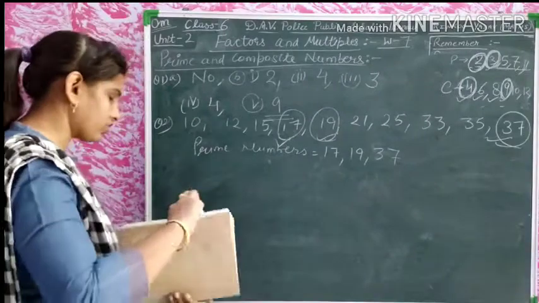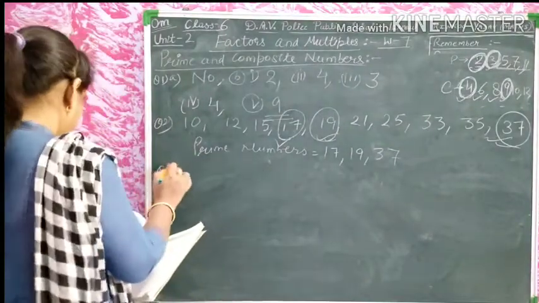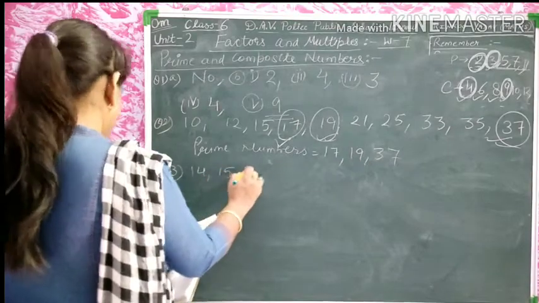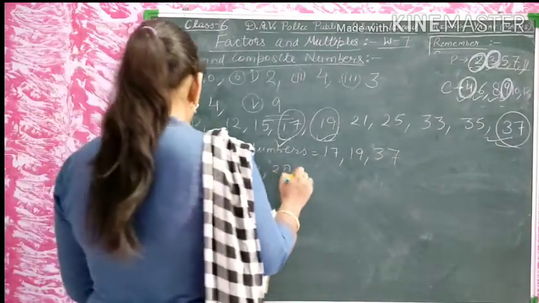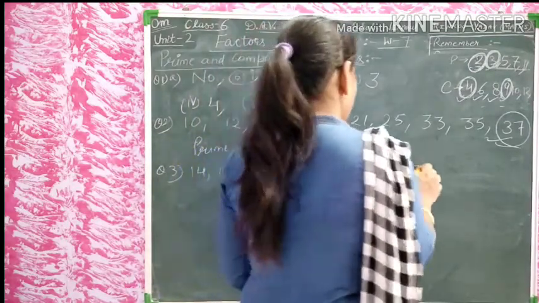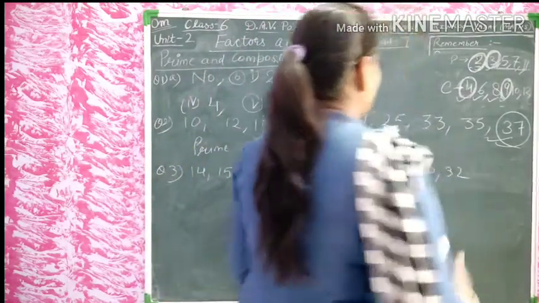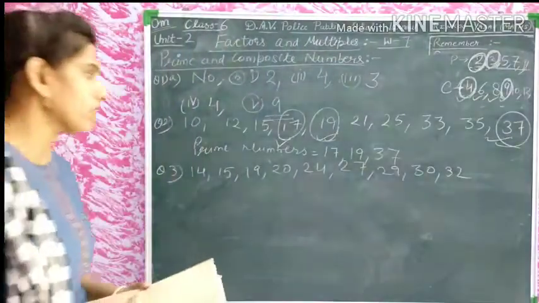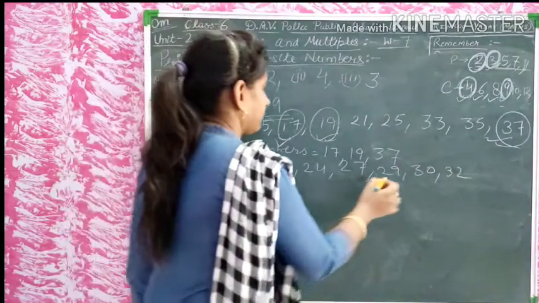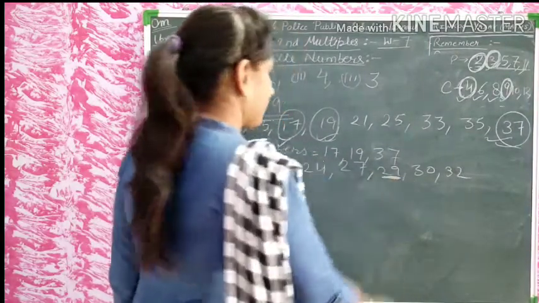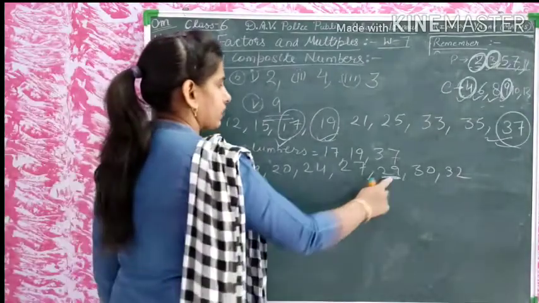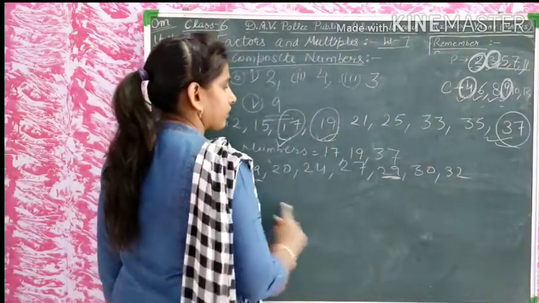Now go to the third question. Question 3. Which of the following are composite numbers? 14, 15, 19, 20, 24, 27, 29, 30, 32. First find the prime numbers, which are not divided by any number. There are 19 and 29. Any other number? No, there is no other number which is not divided by any number.